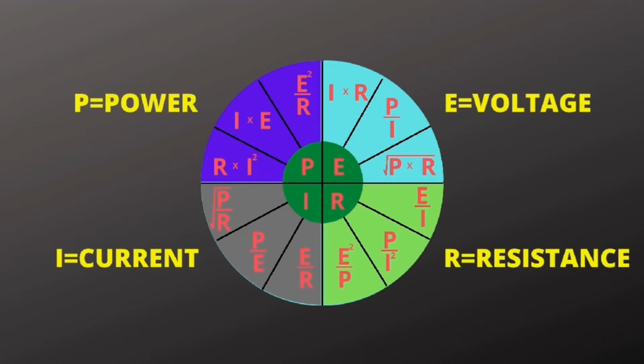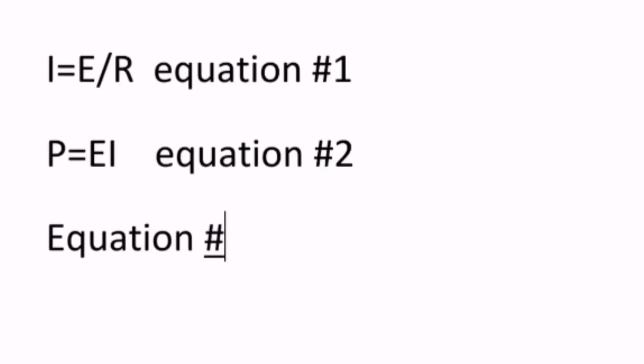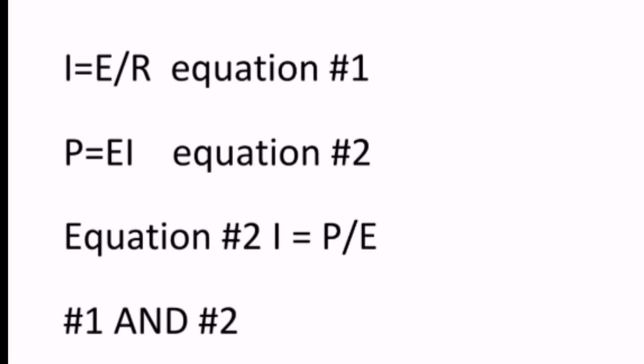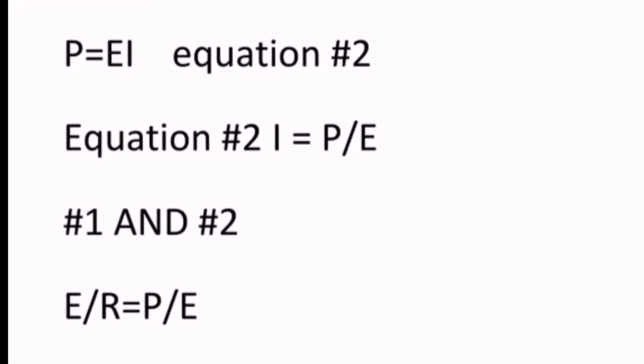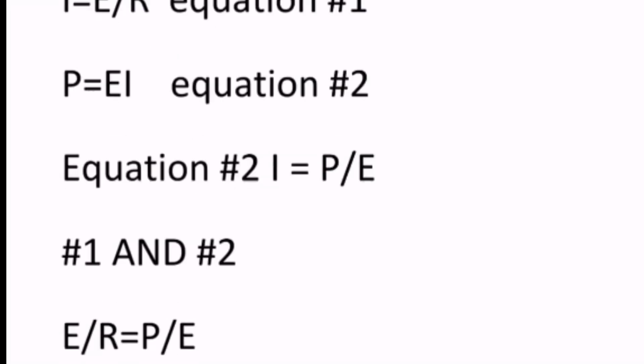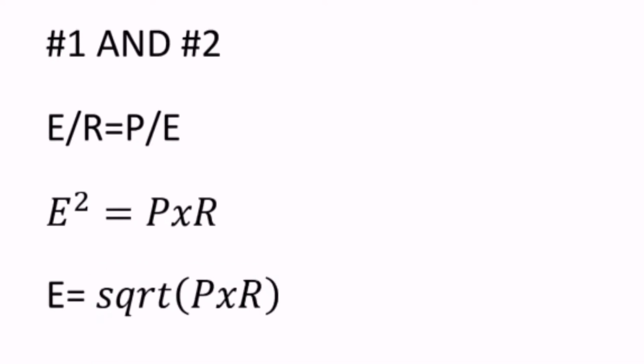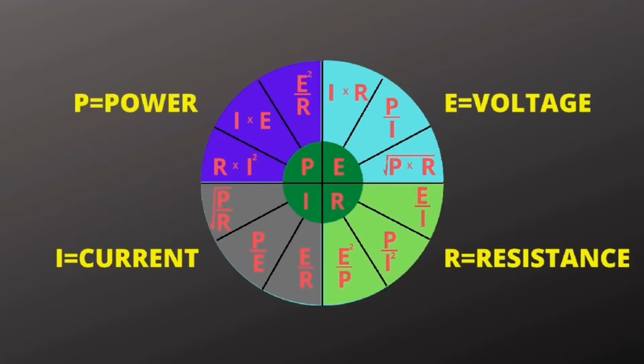Again, we use I is equal to E divided by R and P is equal to E times I. Guys, we denote I is equal to E divided by R as equation 1, and equation 2, P is equal to E times I. Equation number 2 can also be written I is equal to P divided by E. So equating equations 1 and 2, we have E divided by R is equal to P divided by E. Manipulating the formula, we will have E squared is equal to P times R. So the final, guys, E is equal to the square root of P times R. As you can see, guys, that formula can also be located at the upper portion of the wheel.